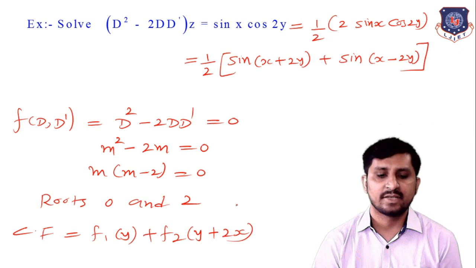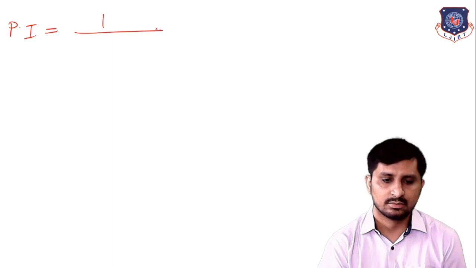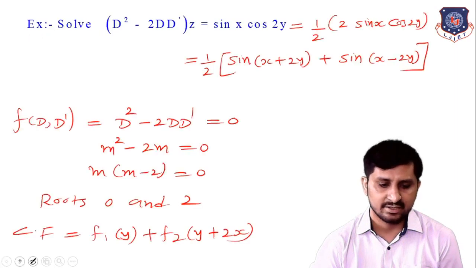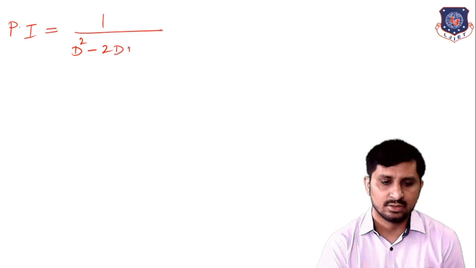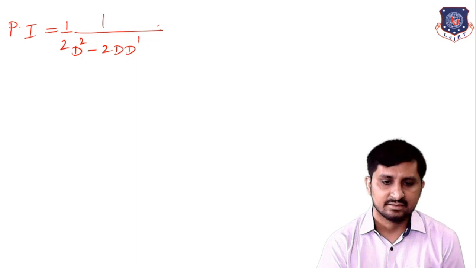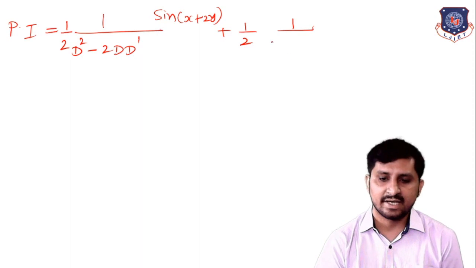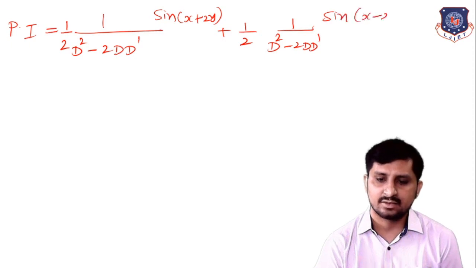Now, what is my particular integral? Particular integral is equal to 1 upon D square minus 2D dash, acting on the function. The 1 by 2 is already there, so 1 by 2, and the first function is sin(x plus 2y), plus 1 by 2, 1 upon D square minus 2D dash, acting on sin(x minus 2y).